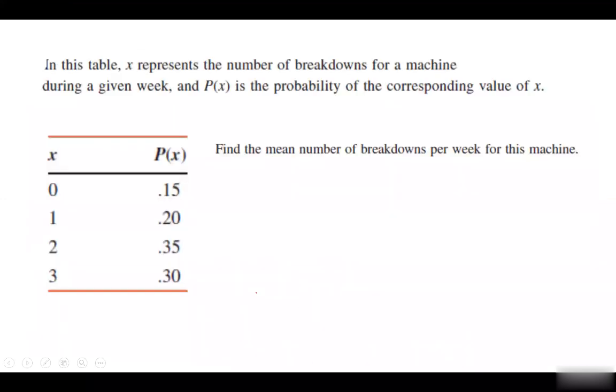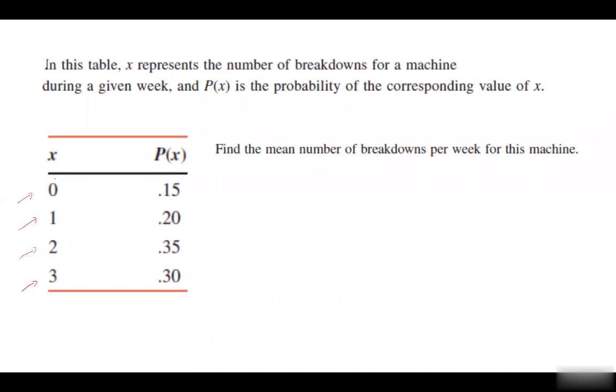Okay, next let's have a look at a concrete example to help you understand. In this table here, X represents the number of breakdowns for a machine during a given week, and p(x) is the probability of the corresponding value of X. Find the mean number of breakdowns per week for this machine. So what does this mean? This means for any given week, the number of breakdowns for a machine can be 0, 1, 2, or 3, right?